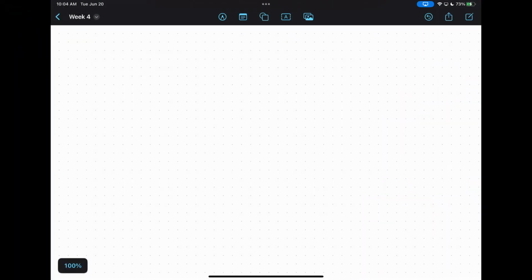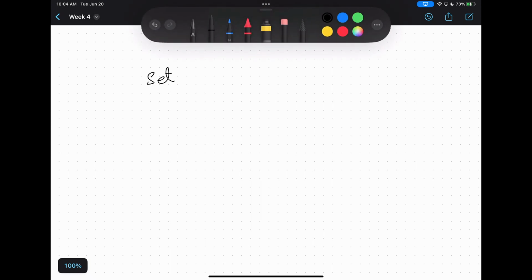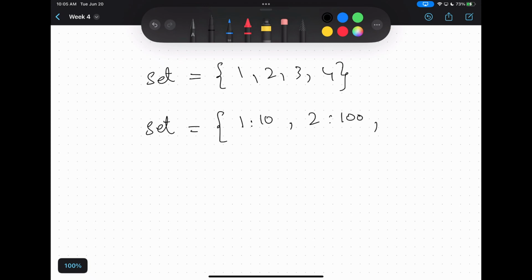So for example, on the whiteboard, if I say set equals 1, 2, 3, 4, and if I say again 1 colon 10, 2 colon, let's say, 100, 5 colon, say, 98, and so on.